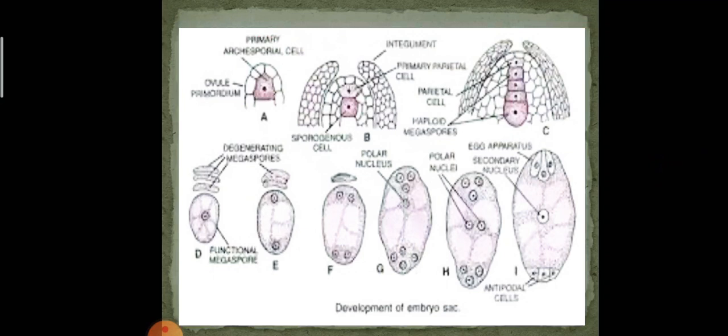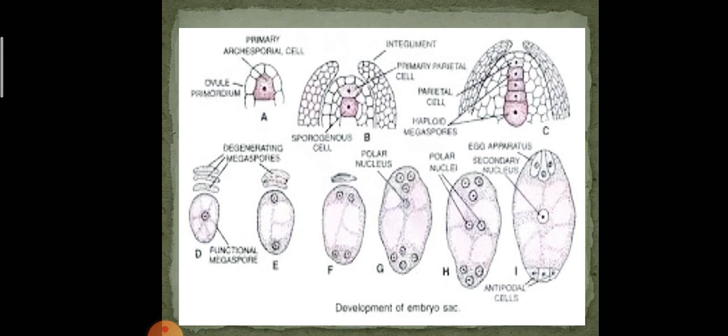This diagrammatic representation shows all the development of the embryo sac. In diagram A you can observe a single megaspore mother cell. That single megaspore mother cell undergoes meiosis, and in diagram C you can observe the formation of linear tetrad megaspores.